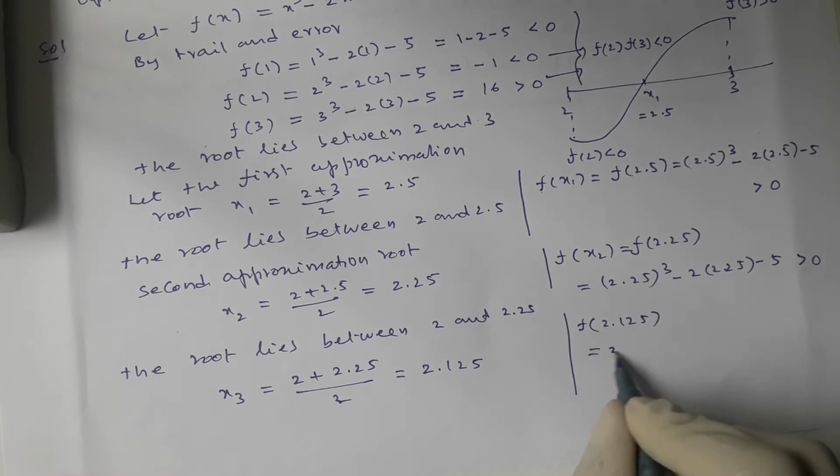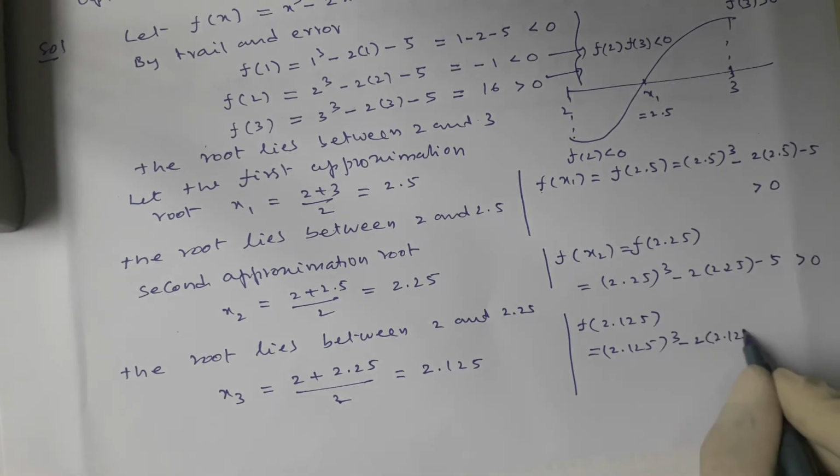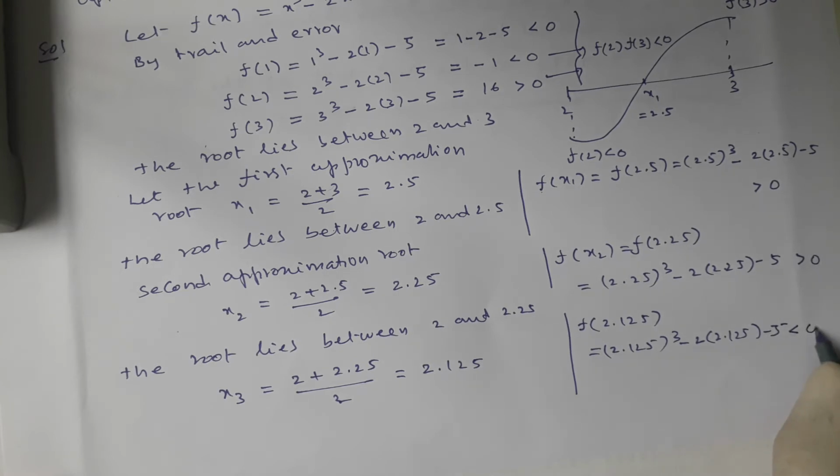Here f of 2.125 is equal to 2.125 whole cube minus 2 into 2.125 minus 5, and its value is less than 0.